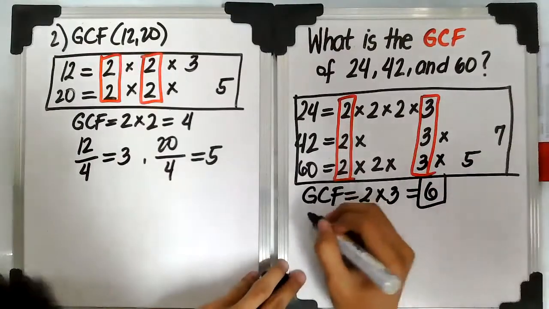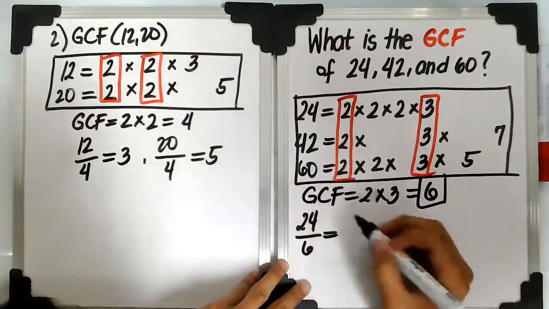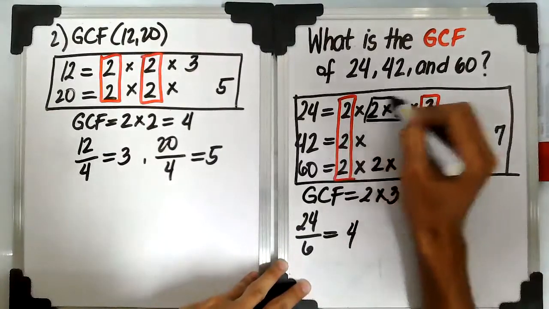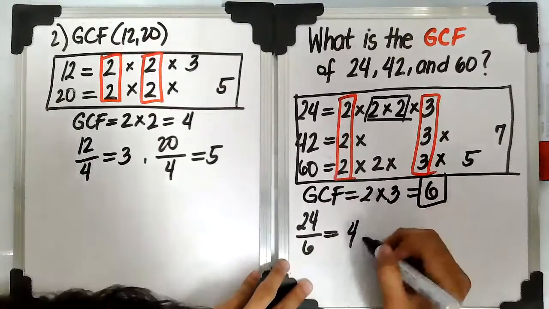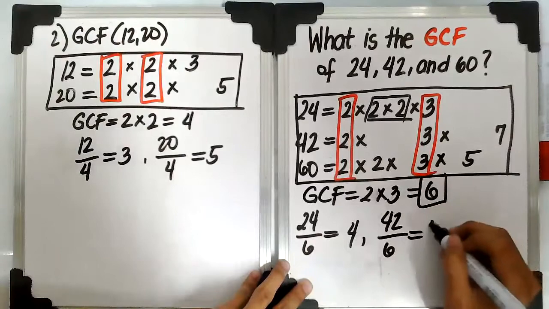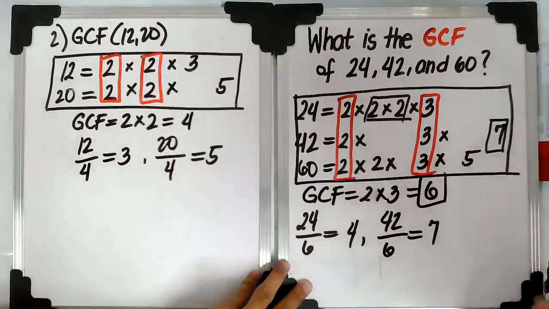So let's try. 24 divided by 6 is equal to 4. You have here 2 times 2, which is equal to 4. Next, 42 divided by 6 is equal to 7, and 7 is left on the table.